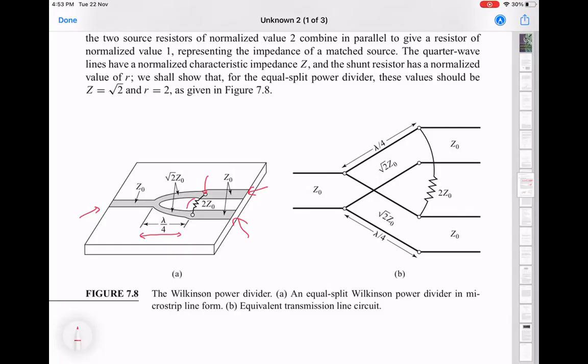This fourth port of this type shows up in one of the other power dividers, which I think I mentioned during the demos. There's something called a hybrid splitter and also a rat race based splitter, which both provide 90 degrees splitting in the phase and 180-degree splitting in the phase.